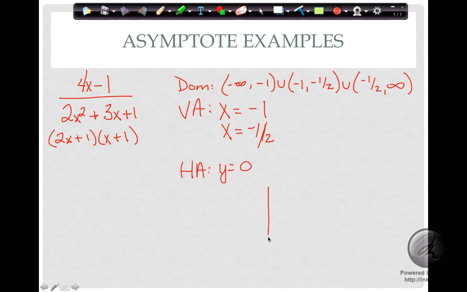Now, if we were to graph some of this stuff, which we will do later, I would have a vertical asymptote at negative 1, a vertical asymptote at negative half, and a horizontal asymptote at 0. And then there's graphing that goes on inside of this, and it could be all sorts of different things. It could have little things in between these two dashes and a little thing on the outside.